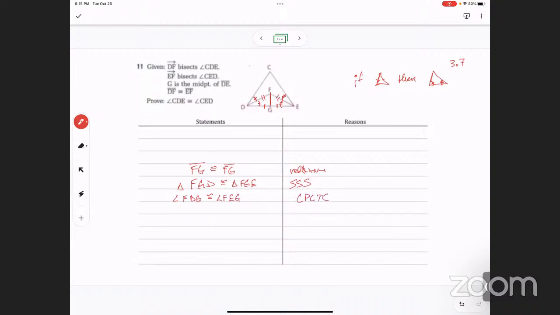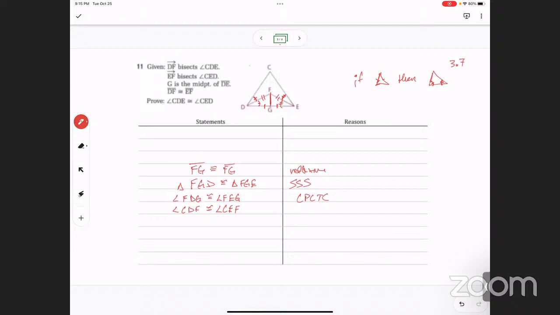Then you can say that CDF and CEF are congruent because bisectors imply congruency. So that's where I think maybe you want to use substitution. Maybe.